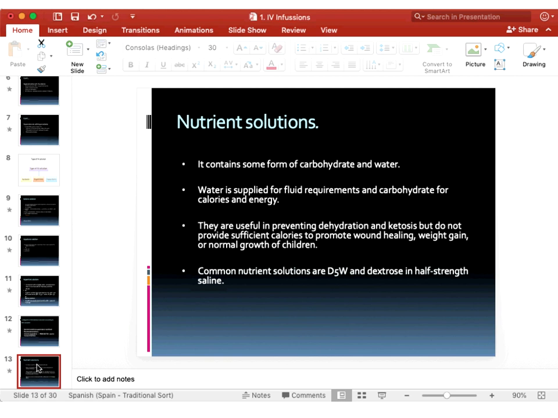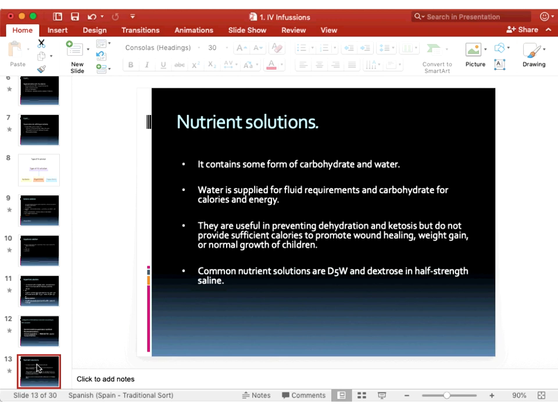When do you use a mixed solution? I'll give you an example. A patient has been operated on for an inguinal hernia, and he hasn't eaten for 2 days in a row. Now, can you imagine yourselves not eating 2 days in a row? How would you feel? You start with headache, you feel a bit nauseous, you feel dizziness, and you feel weak.